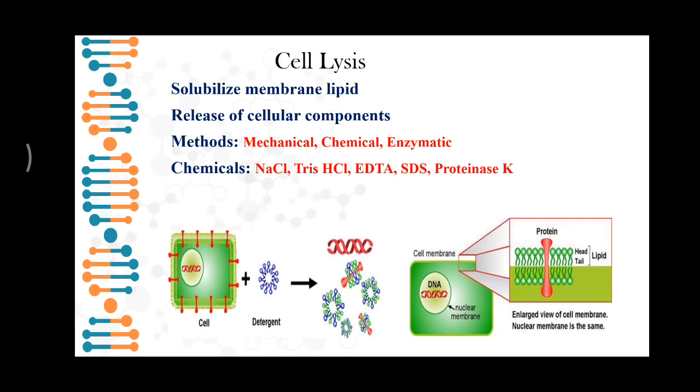Mechanical is by means of pestle and mortar, or by using tissue homogenizers. We have to grind, and then treat with various chemicals and enzymes to break open the cells.